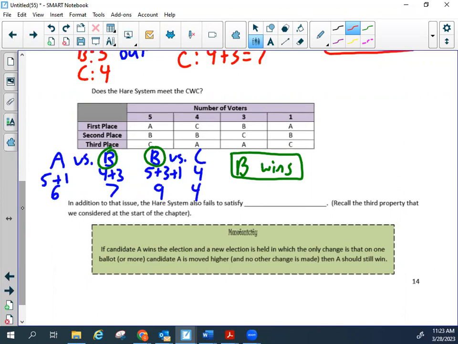Never mind. Because different winners, one using Condorcet's method, one using the Hare system, we'll say the CWC not met.